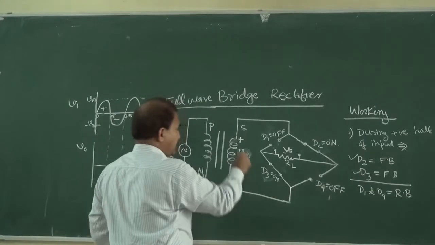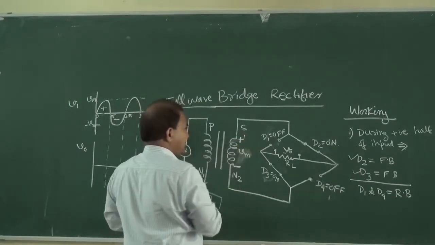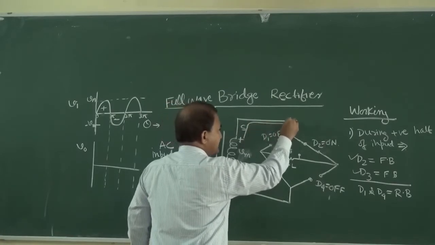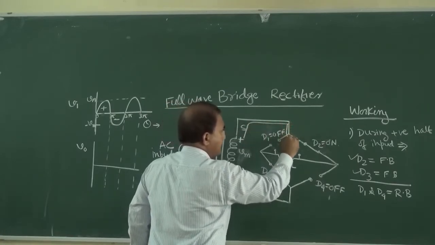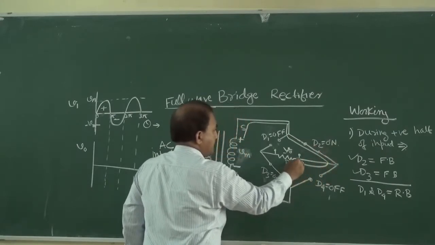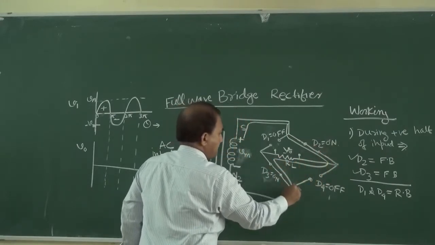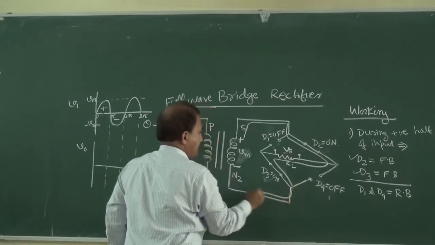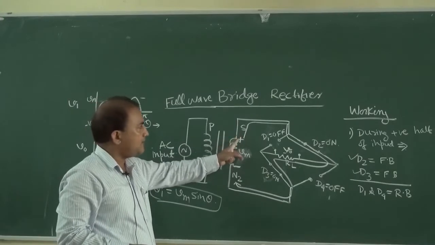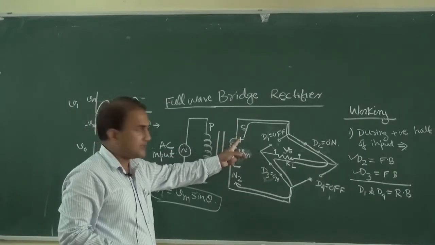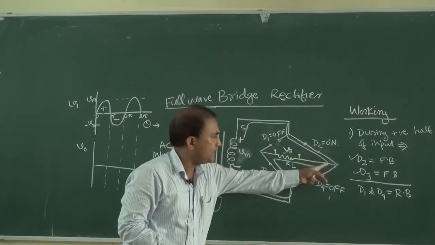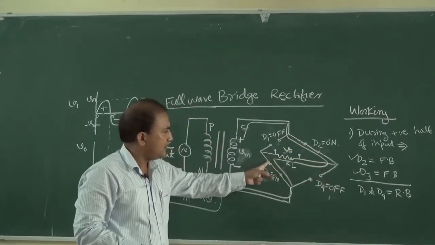The direction of current will move from higher potential, that is positive potential. The direction of current will be like this, from higher potential, that is positive, going from D2 through the resistor like this.